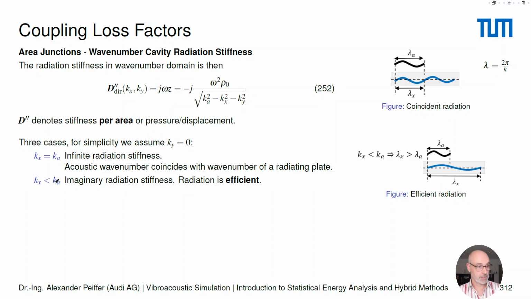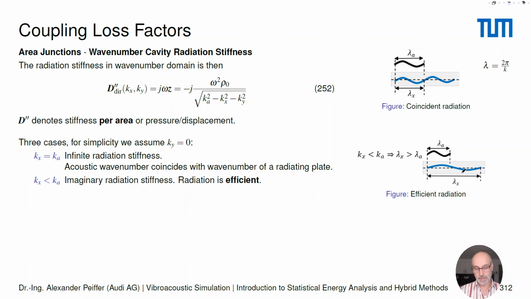Another situation is that the kx, the wave number, is smaller than the acoustic wave number. Then we will get an imaginary radiation efficiency, because this becomes real, and that means that the radiation stiffness is pure imaginary, and this means that it is very efficient.